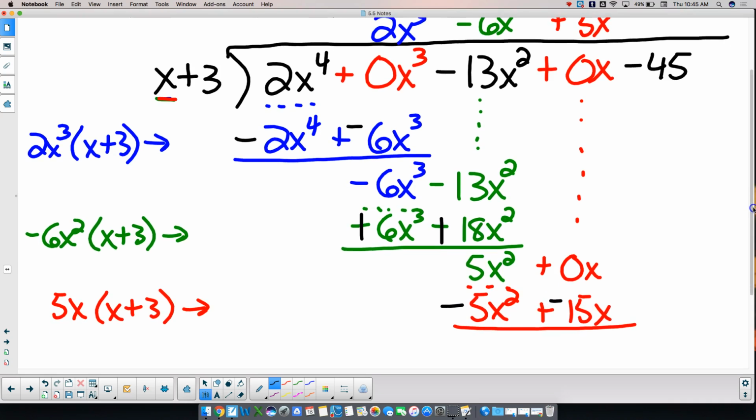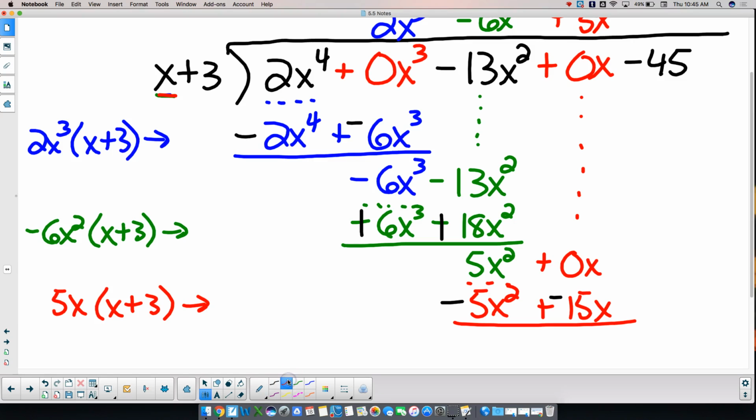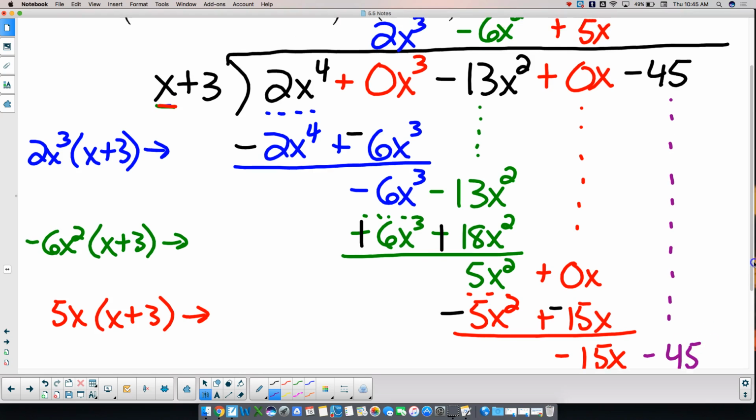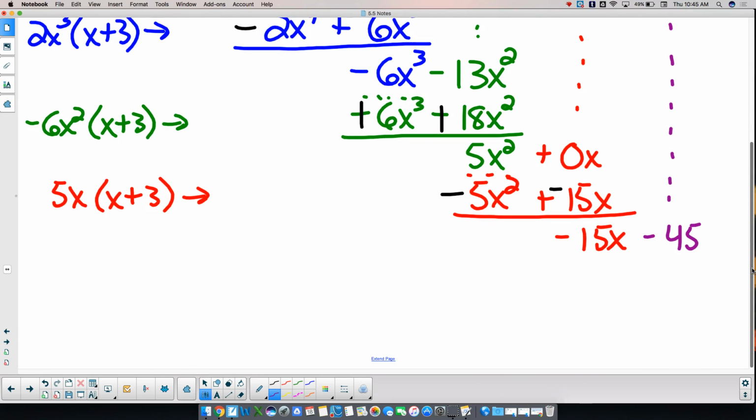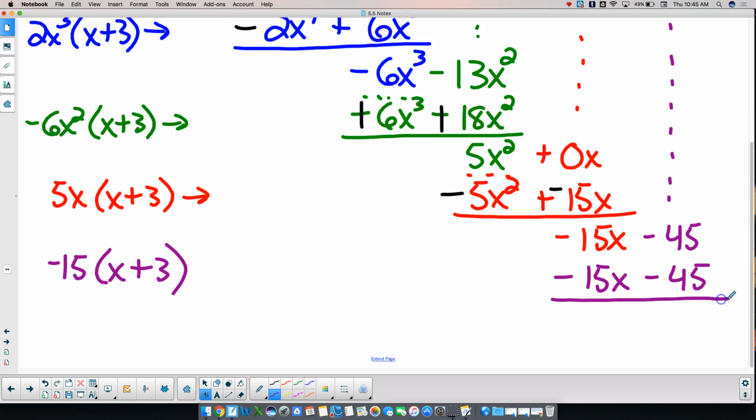Negative 15x. I still got it in. So that's going to be negative 15. Flip the signs.